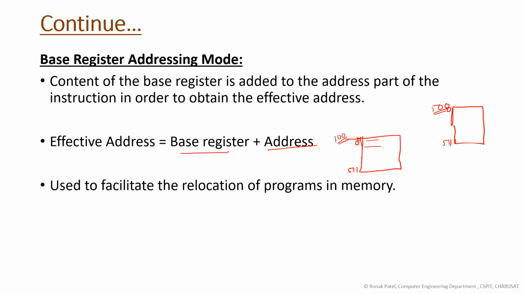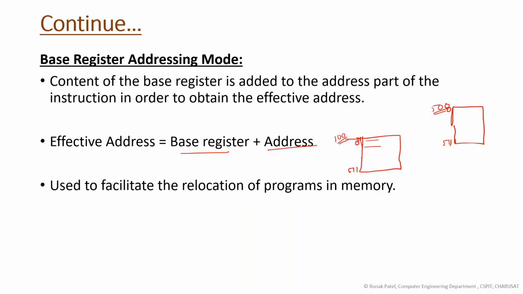So we have seen the addressing modes. Some are direct addressing modes, some are indirect addressing modes. In indirect addressing mode, you find out the effective address, and sometimes you add your address field to the PC, sometimes to the index register, sometimes to the base register. In direct addressing mode, you get the direct address.